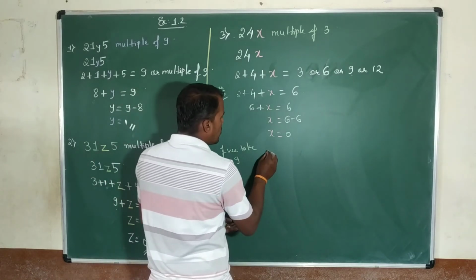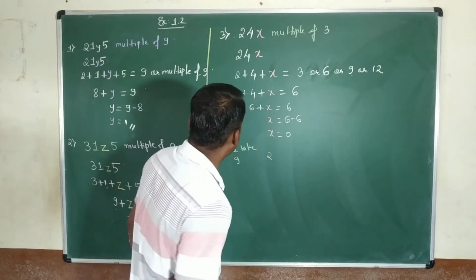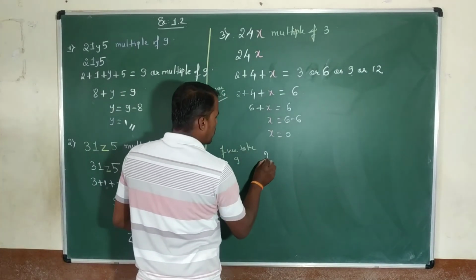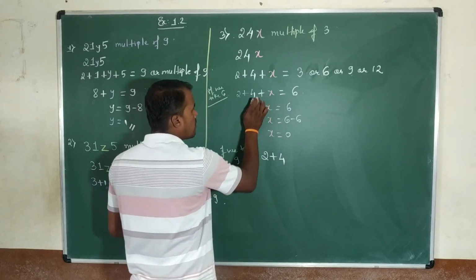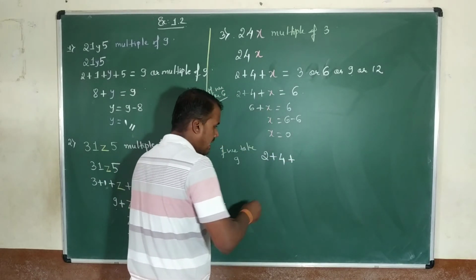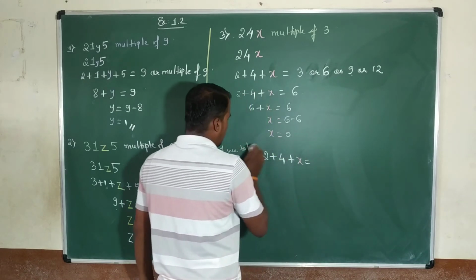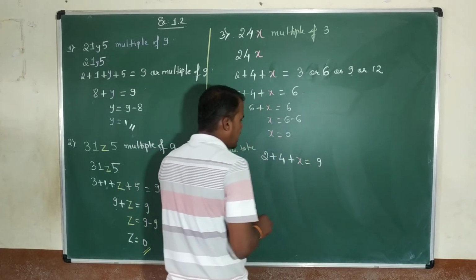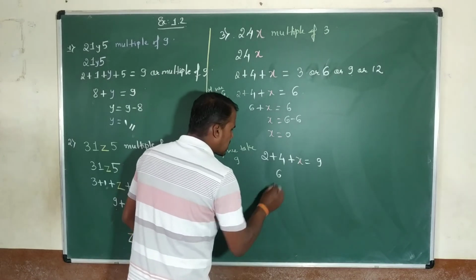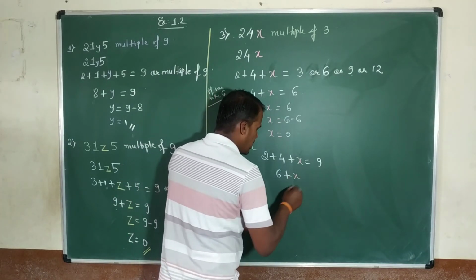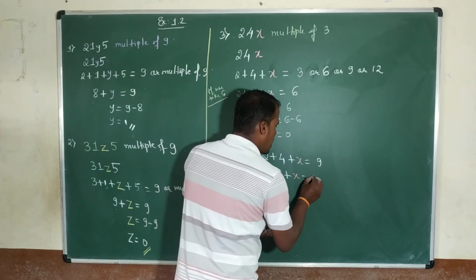Observe here, 2 plus 4 is 6, plus x is equal to 9.